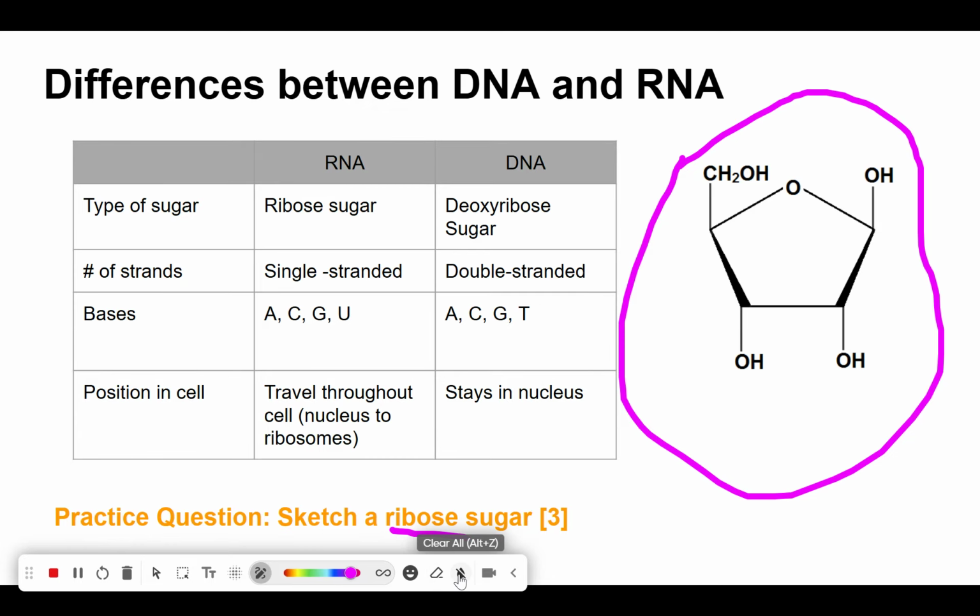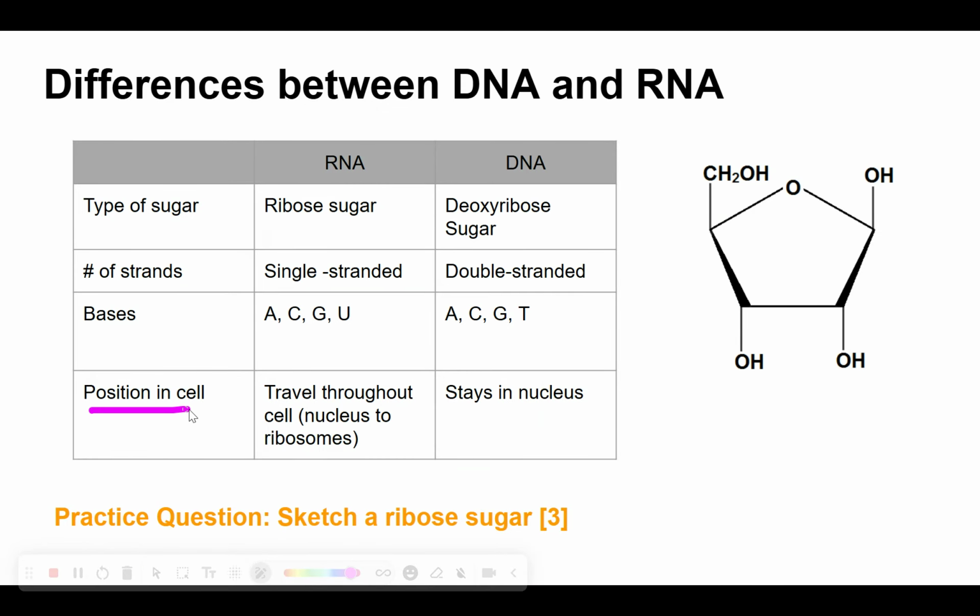All right, let's get back to this idea of position of these molecules in the cell. And this oxy-deoxy thing is actually important in this. The deoxygenation of the ribose sugar in DNA lends a lot of stability to the molecule. It's part of the reason it can form double-stranded, and part of the reason that it gets stuck in the nucleus, because it is bigger.